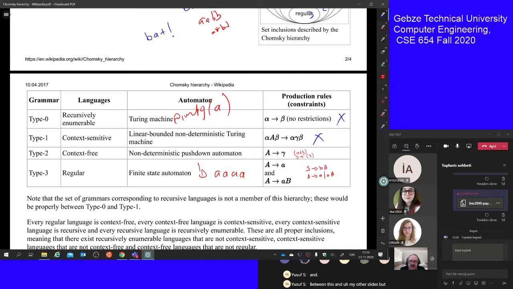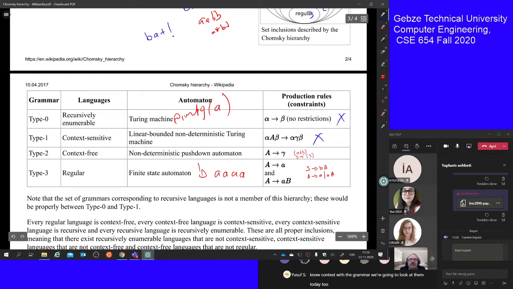But let me tell you this: regular languages are the most restricted ones. With finite state automata, I can produce regular languages or recognize them. You remember what a finite state automaton is. There have to be states and transition rules, a start state, and final states. That's what we know. Context-free grammar, we are going to look at today.